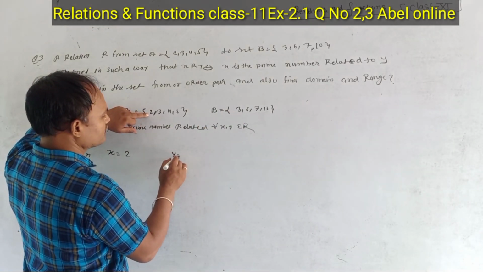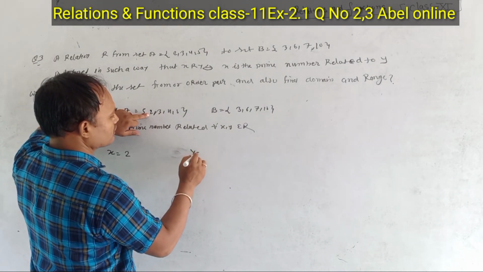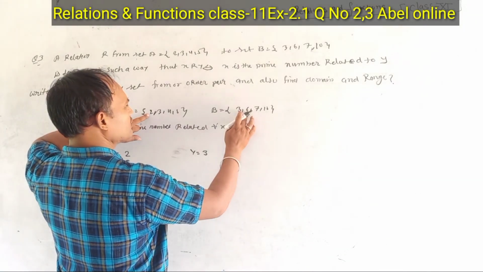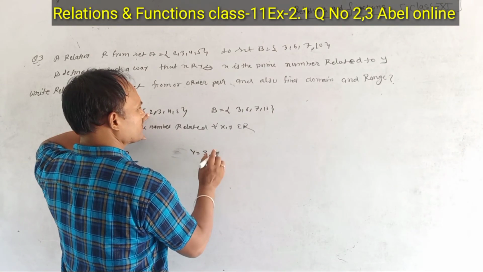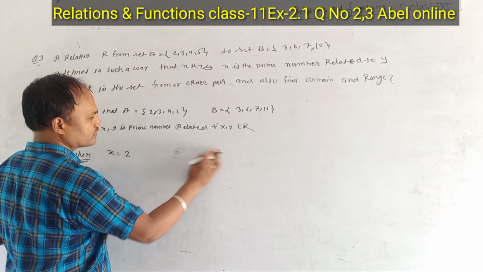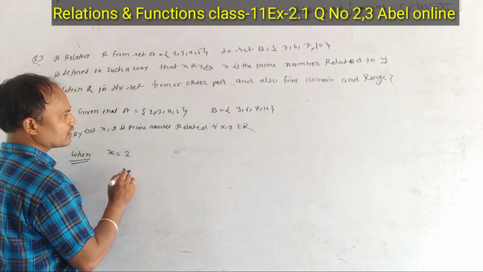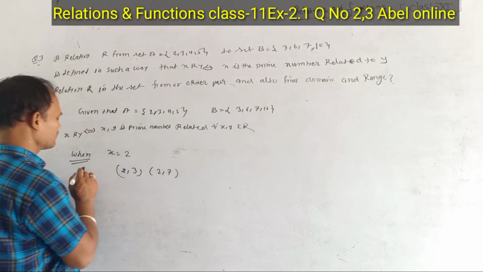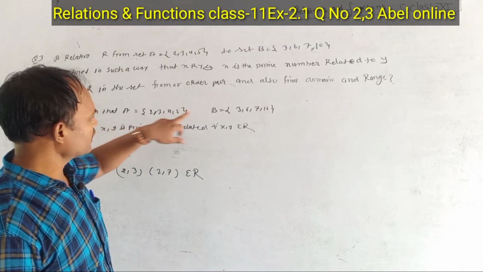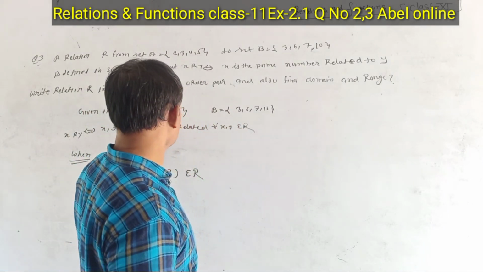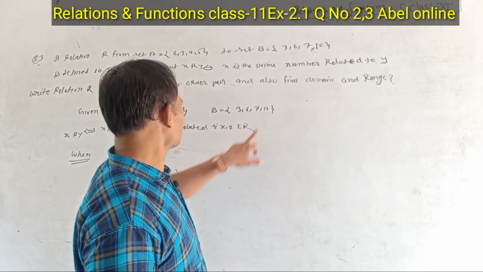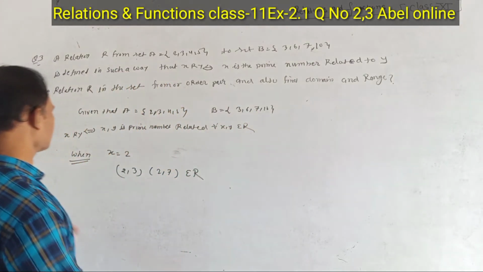No, so y can be 3. 2 and 6 have a common factor, 2. 2 and 7 have none, so y can be 7. 2 and 10 also have a common factor. So for x equal to 2 we take only two elements: (2, 3) and (2, 7) belong to R.